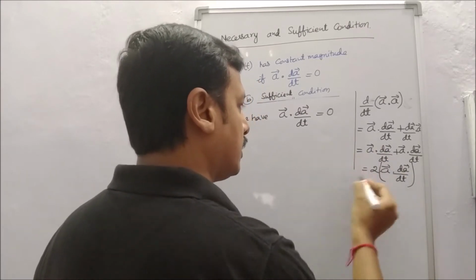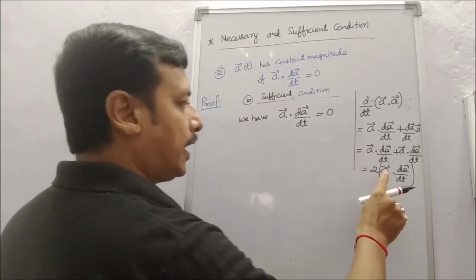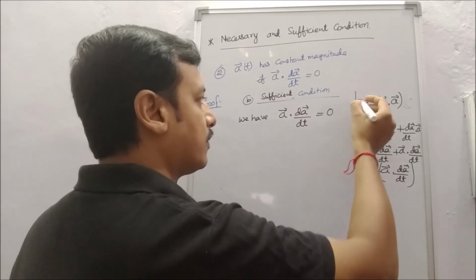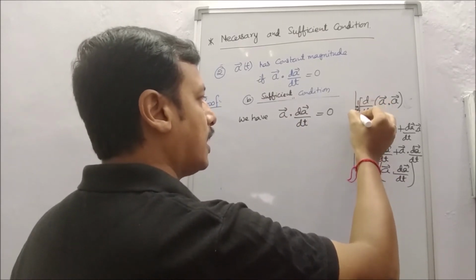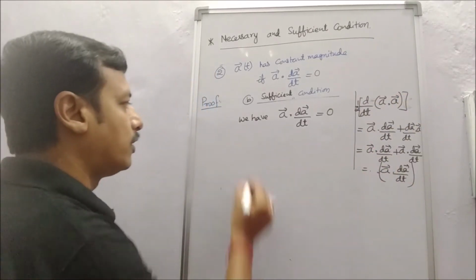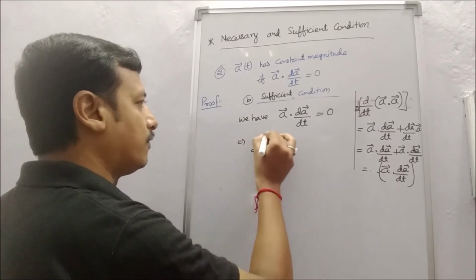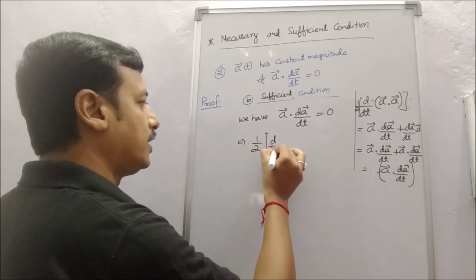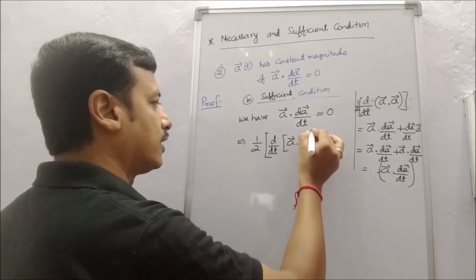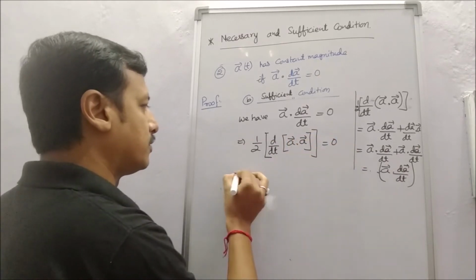So, A dot dA/dt is half of d/dt of A dot A, and this is equal to 0.